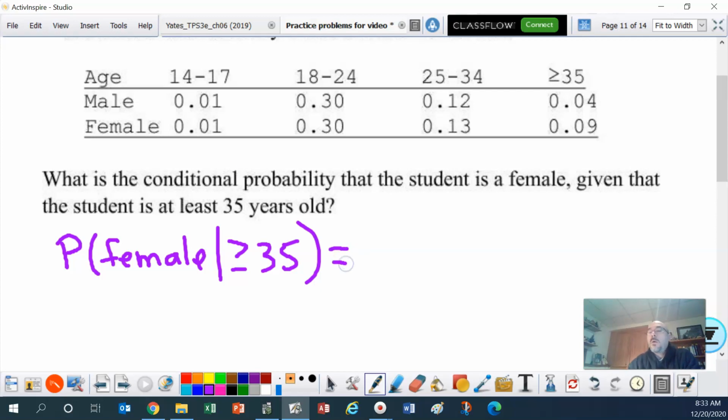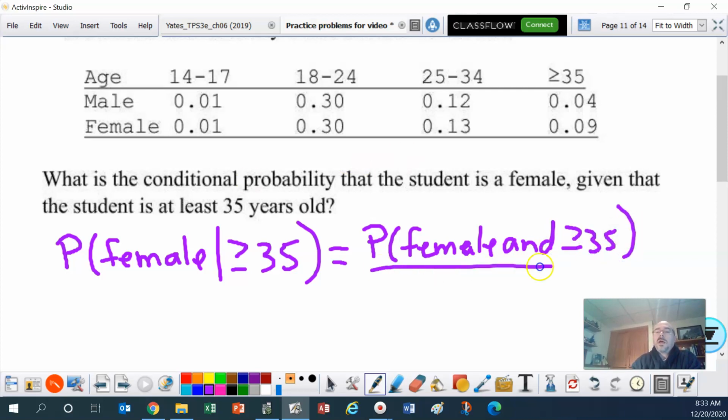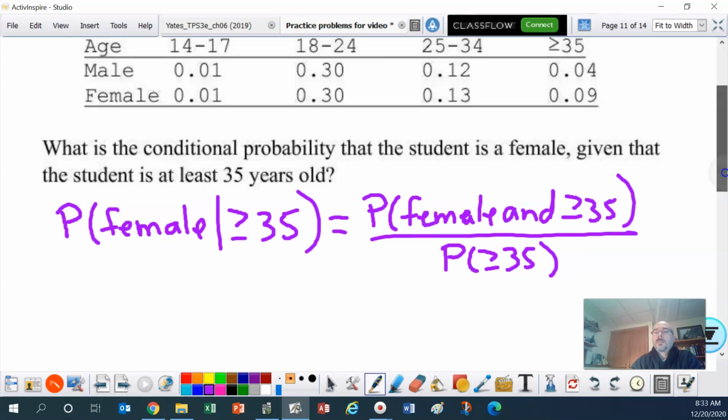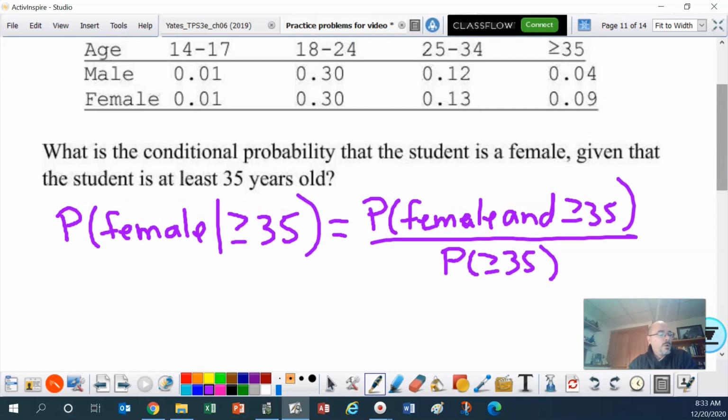Now, if this was an AP question, you should be writing this out like this. What I'm writing, you should be writing. So that means the probability of female and at least 35 divided by the probability of at least 35. Let's see here.